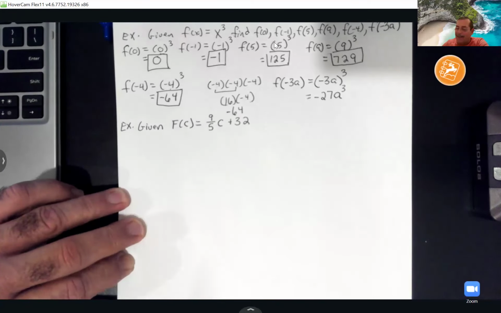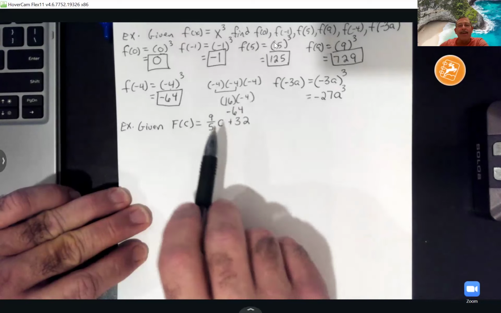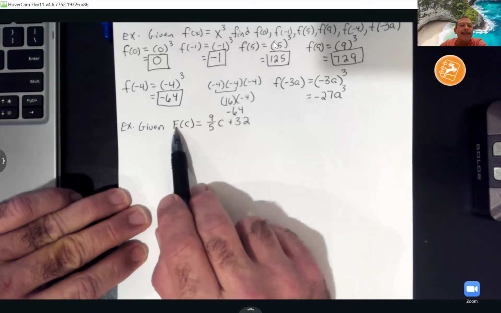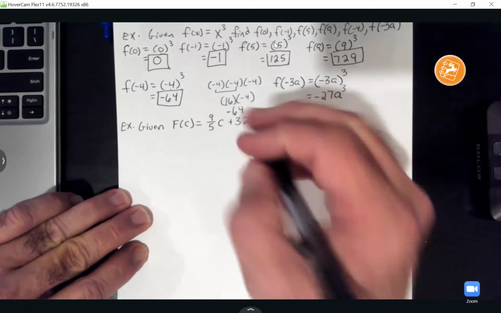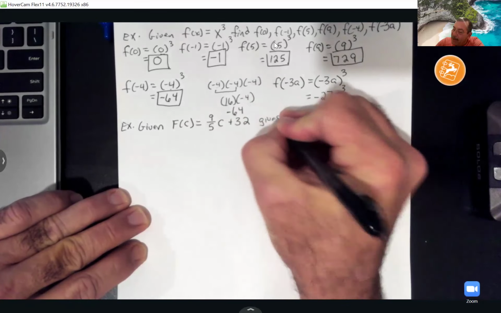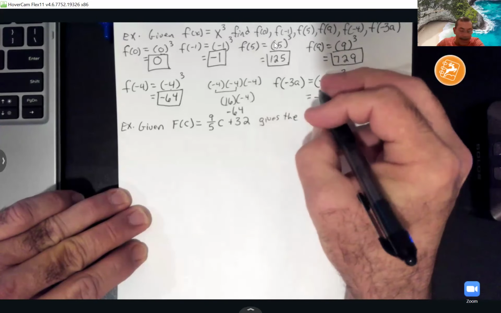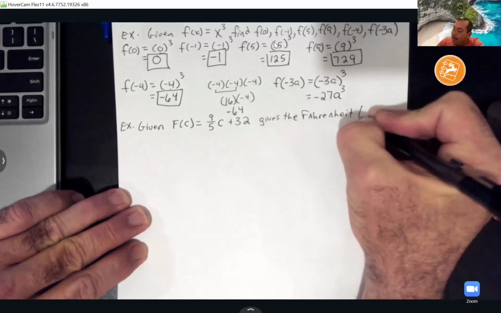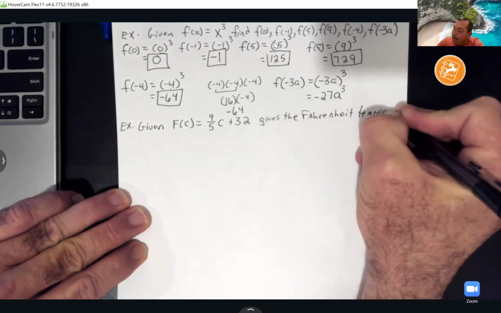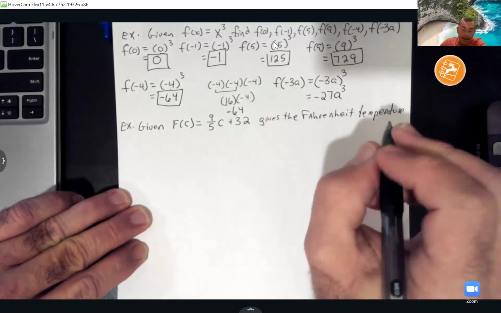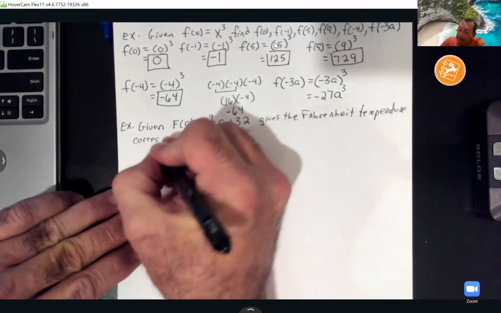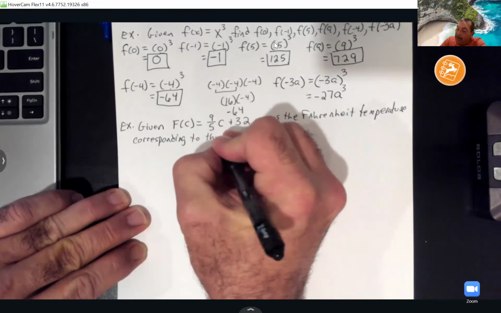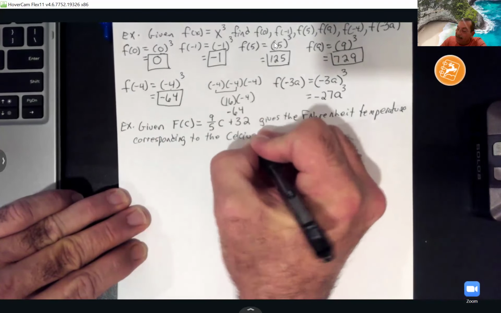Well, y'all, let me tell you what this formula is. This formula converts the Celsius temperature into the Fahrenheit temperature. So this gives the Fahrenheit temperature corresponding to the Celsius temperature.